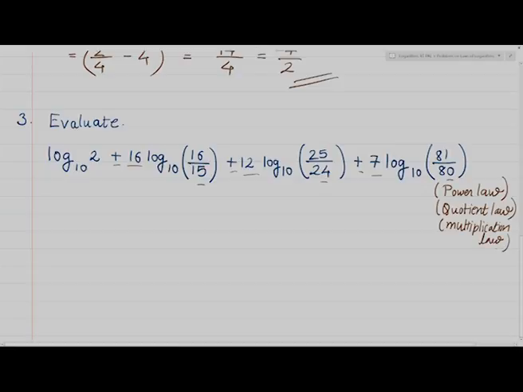So I have to use all these laws and simplify this expression. Let us go step by step.